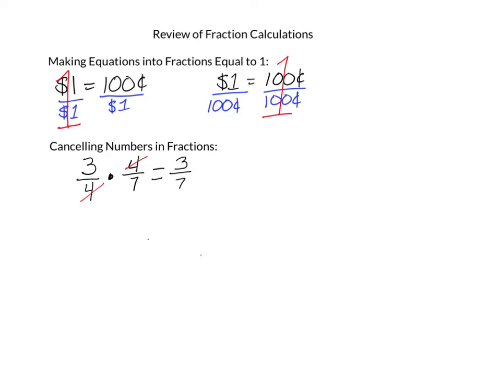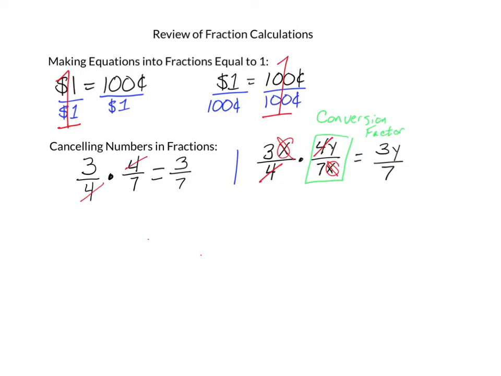Let's do 3x divided by 4 times 4y divided by 7x. So again, you should see that the 4's cancel out, but now also the x's cancel out. So we're left with 3y divided by 7. In this case, my units are x and y.